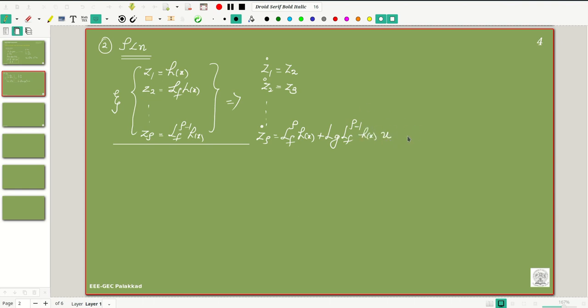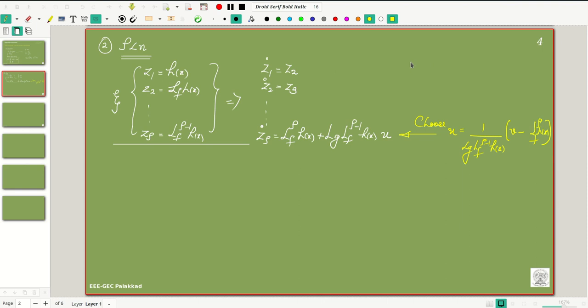So here we will choose u as equal to 1 by Lg Lf rho minus 1 times of h of x into v minus Lf rho times h of x. So I will end up with z rho dot is equal to v. So we will have this much linearized. The states from z1 dot to z rho will be linearized.